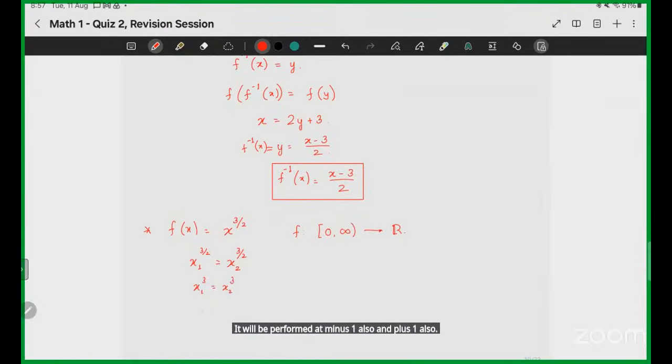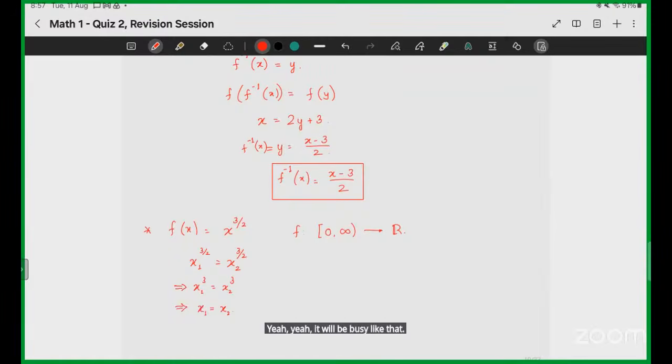But for a cube, it is okay, right? The cube root is unique. So here x1 equal to x2 will happen. So it is actually injective. Is it clear why it is injective?